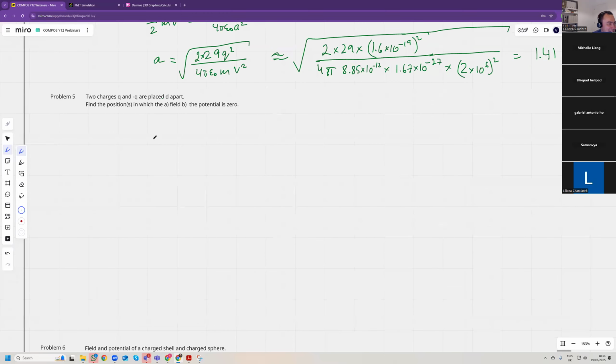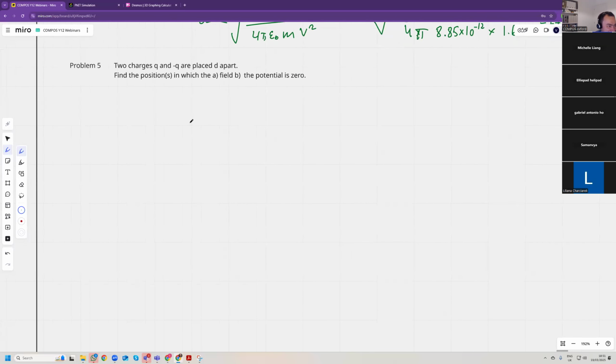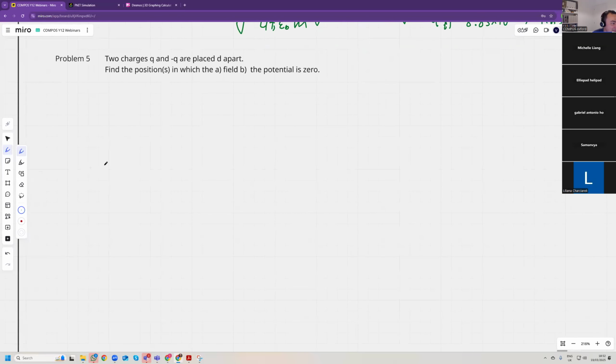Anyways, two charges, Q and minus Q, are placed a distance d apart. Find the position where the field is 0 and where the potential is 0. So a positive charge and a negative charge, plus Q and minus Q. Find the position where the field is 0.